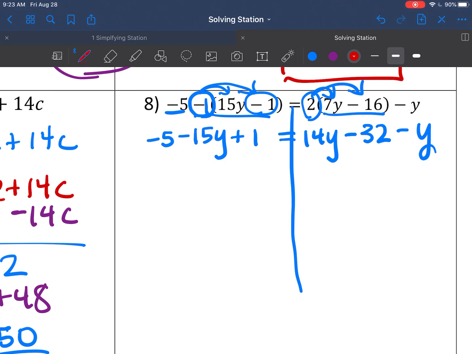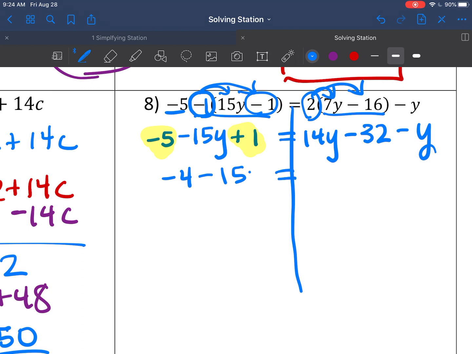All right, and we are not done cleaning up. Parentheses are gone, but we've got like terms. Let's use the highlighter. I've got this -5 that can combine with this 1. And so we're not doing inverse operations. Don't change anybody's sign, just combine. And so -5 plus 1 is -4.